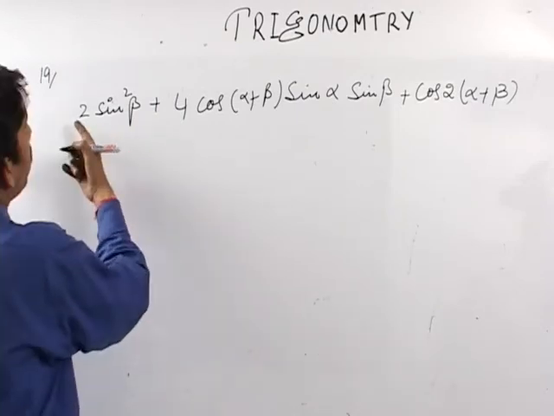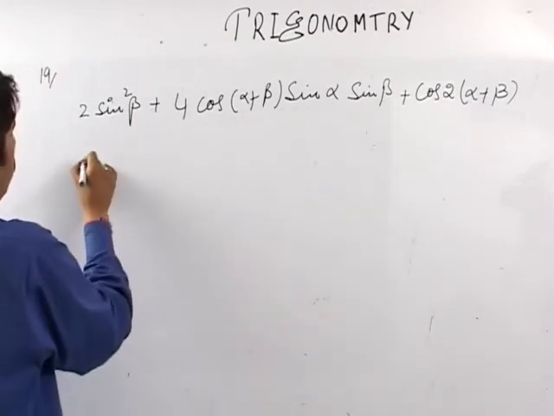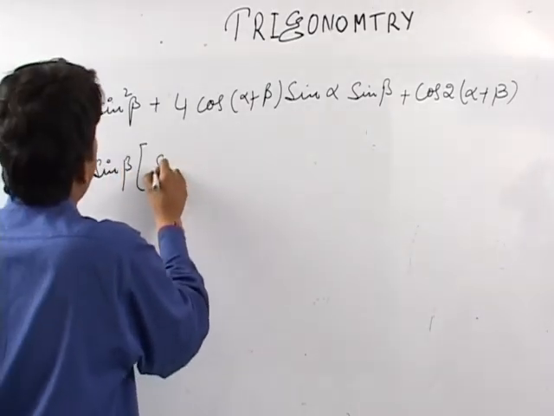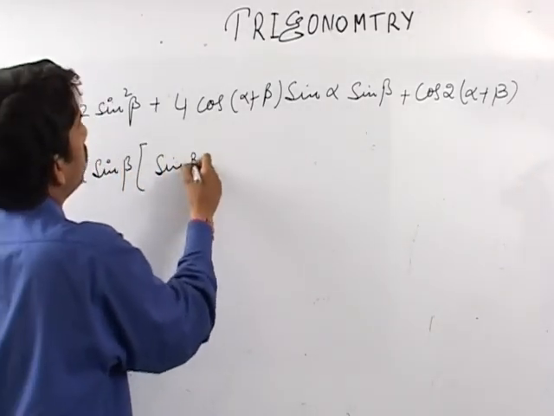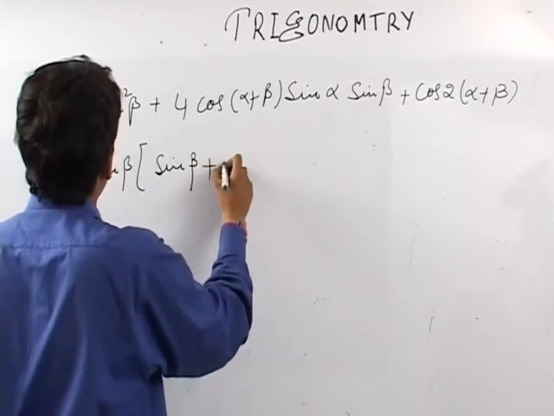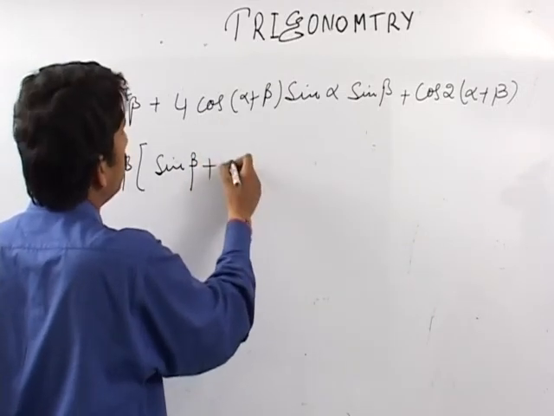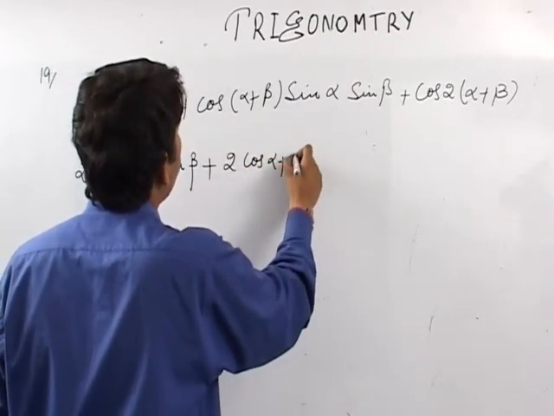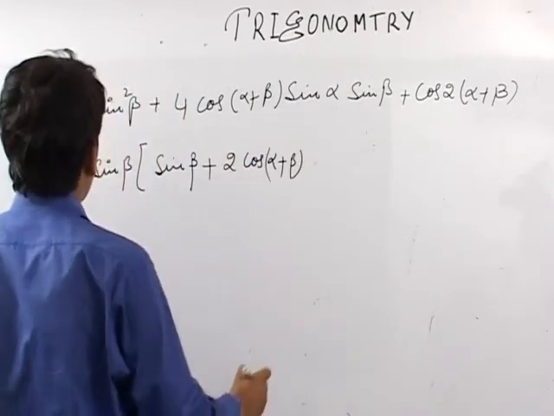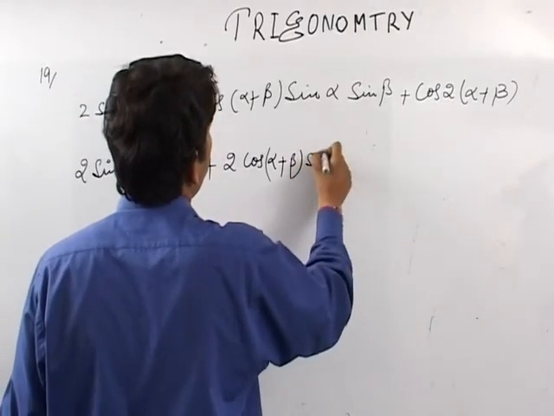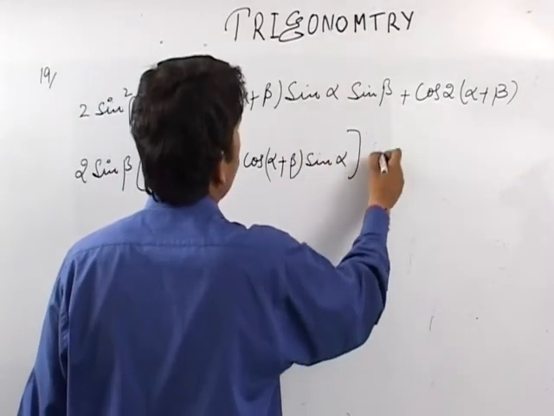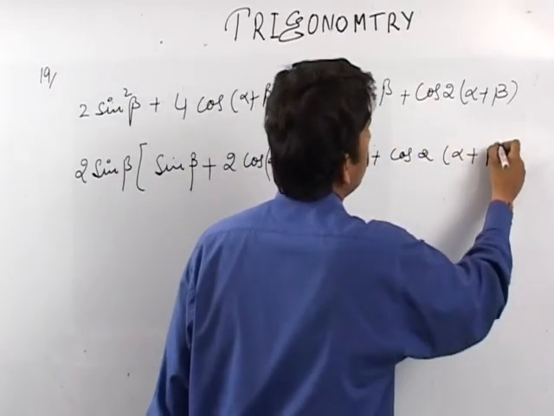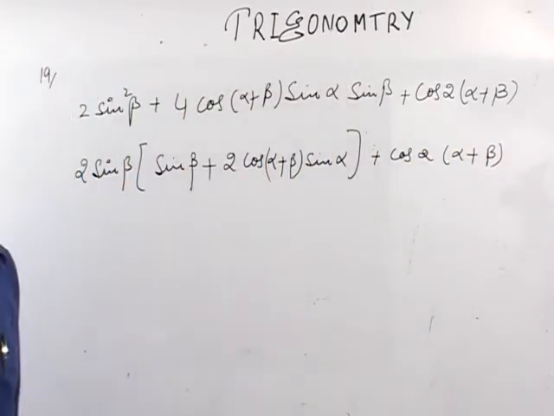Now here, if you take 2 sin beta common, you will be left with sin beta plus 2 cos(alpha plus beta) sin alpha, plus cos of twice of (alpha plus beta).